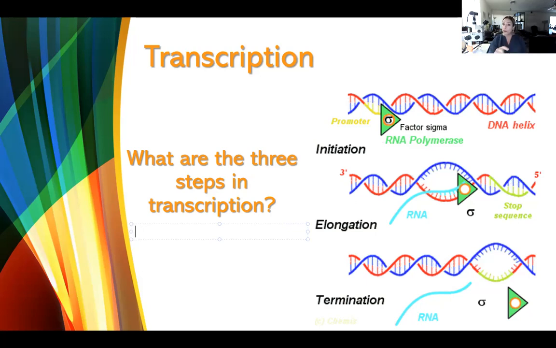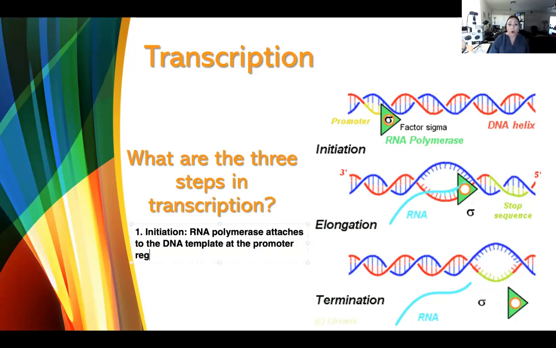This is a short nucleotide sequence that the RNA polymerase recognizes as the area where it needs to start transcription. So let me write that down for you. So we're on initiation. So RNA polymerase attaches to the DNA template at the promoter region.